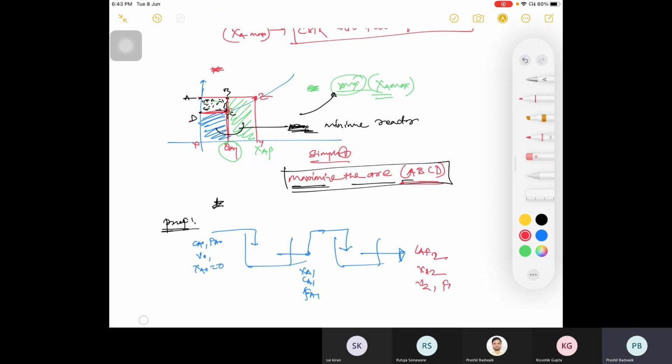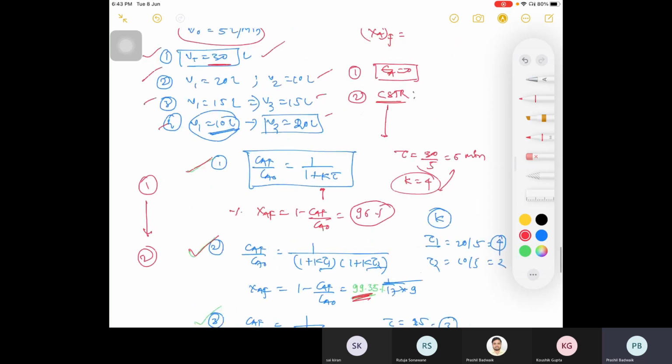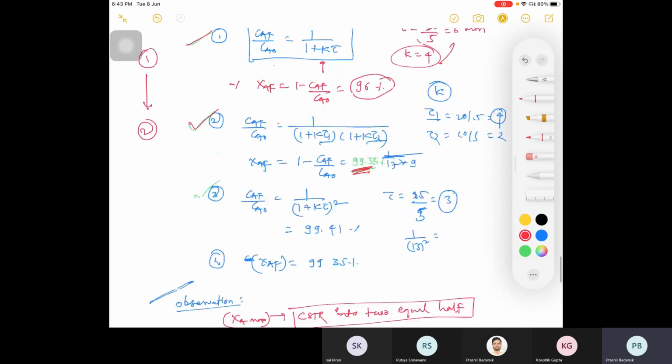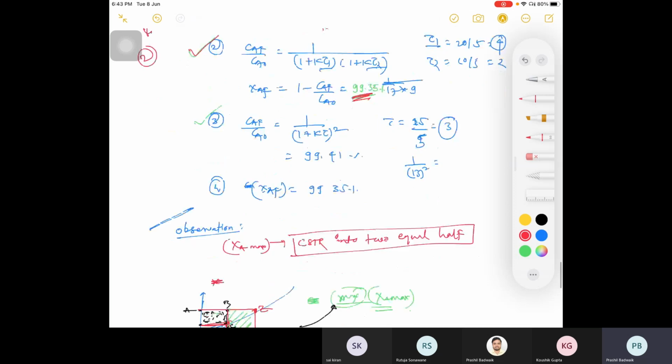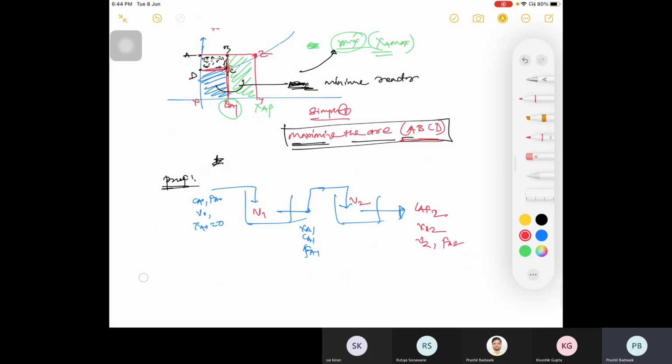So what I told you, when you have two CSTRs, you will have maximum conversion if these two CSTRs are of equal volume. So this is V1 and this is V2.